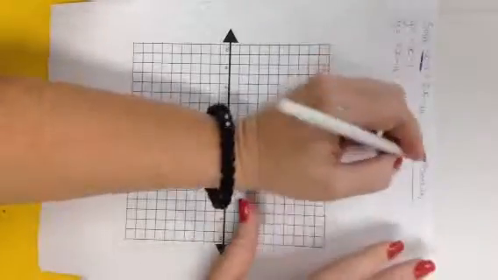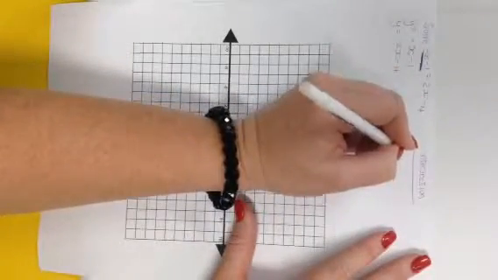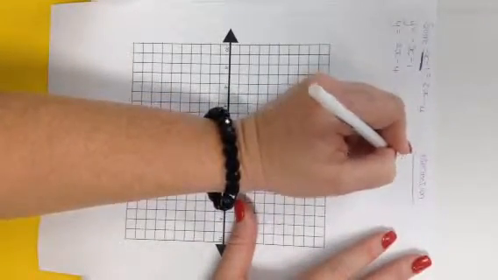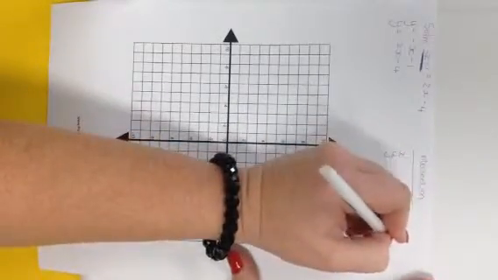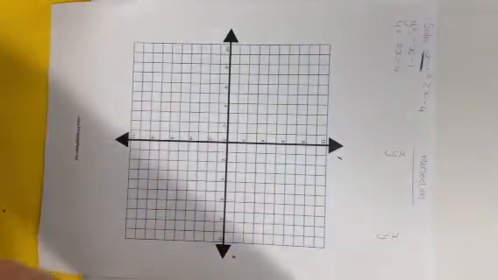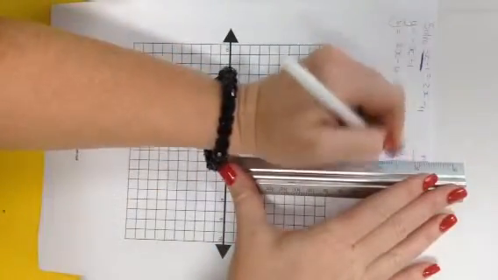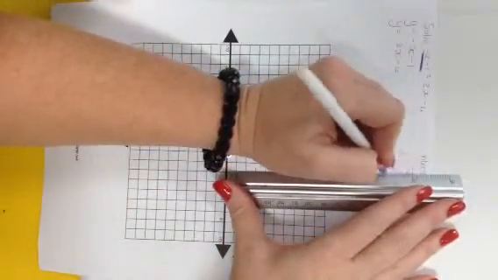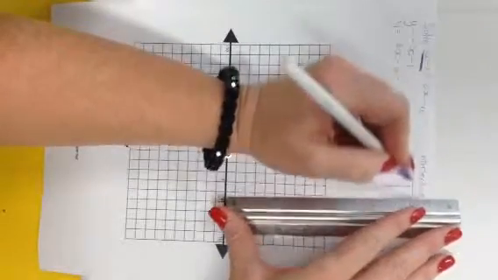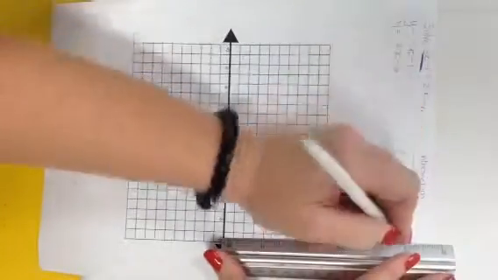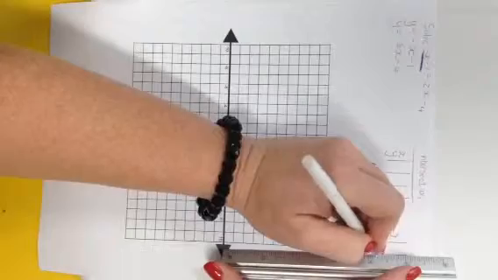Then over here, I want you to do x and y, and you'll see what I mean now. Okay, now please do these neatly. And then we're going to do 3. So you're going to give yourself a table.